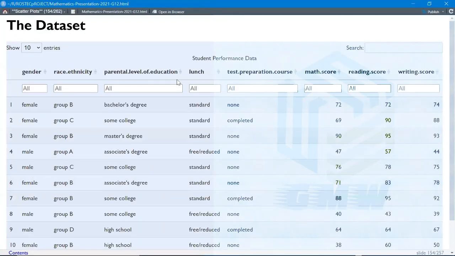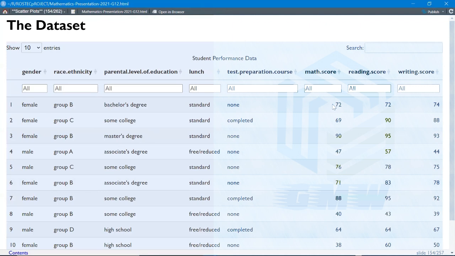So look at this. Somebody collected the data. This is data in a table, right? There's gender, race, ethnicity, parental level of education, lunch, test preparation course, math score, reading score. So the idea is someone is interested in student performance, okay? Then they want to see, does gender influence the way people pass in maths?